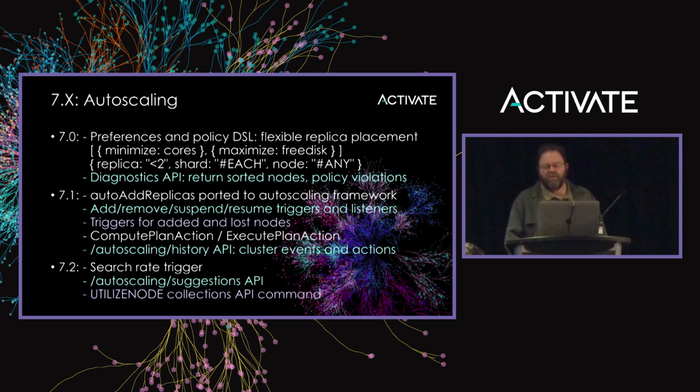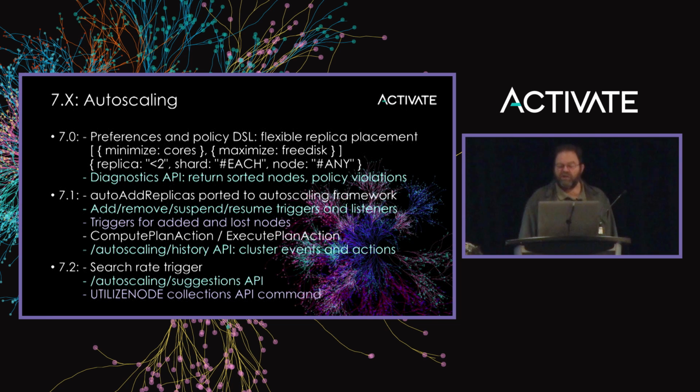Also in 7.1, an autoscaling history API was introduced that allows you to see past cluster events and actions that were taken. In 7.2, a search rate trigger was added so that, for example, if search rate goes above a certain threshold, you can trigger some action, for example, add more replicas.